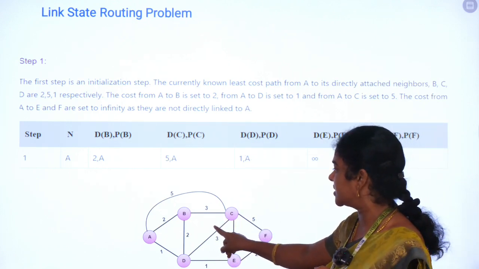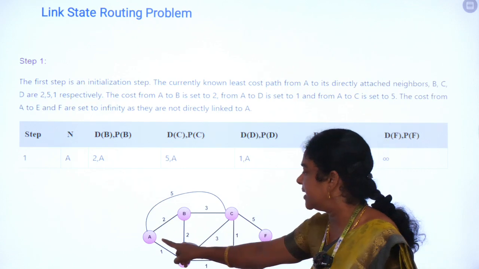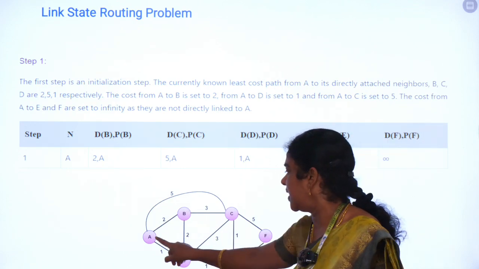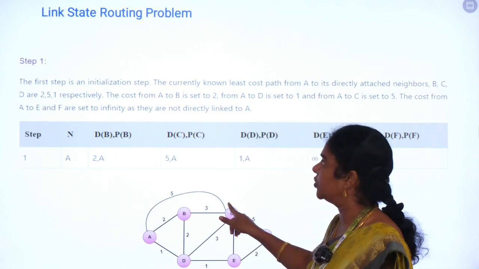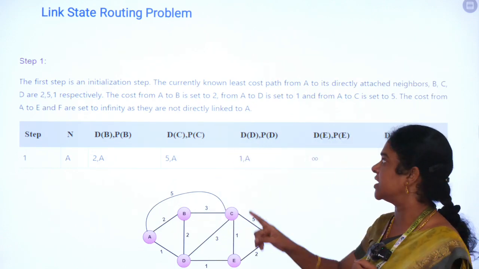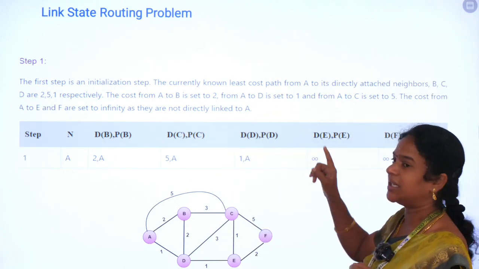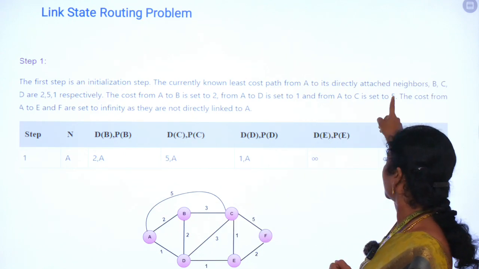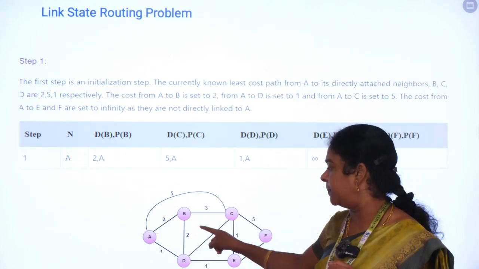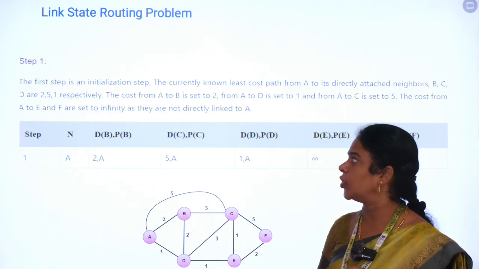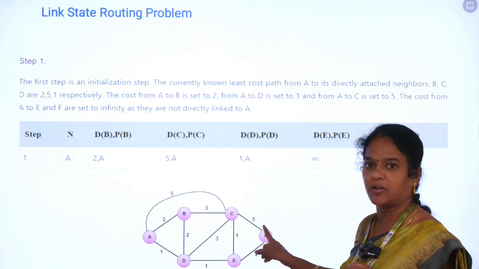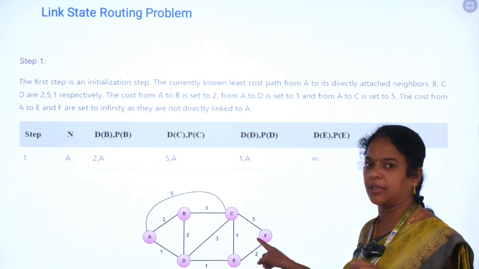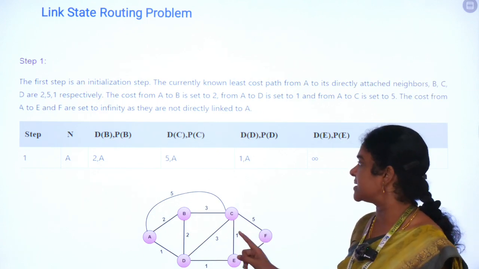In this one, A is the source node, and A is directly connected to B, D and C. The currently known least cost paths from A go to the directly attached neighbor nodes B, C and D. We cannot find the cost to E and F because A is not directly connected to E and F.